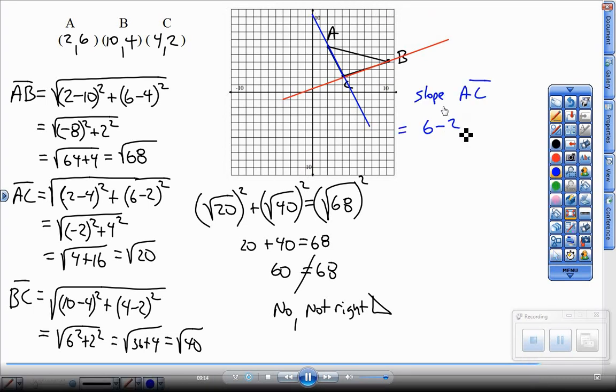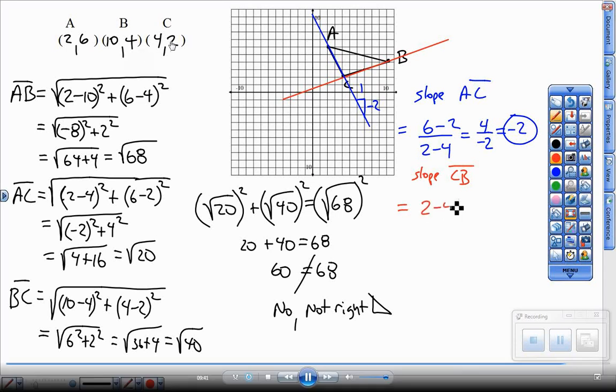If I do the points between A and C, 6 minus 2, 2 minus 4, subtracting the y numbers up high, subtracting the x numbers, same pattern on the bottom, gives me 4 over negative 2, which is a negative 2 slope, which makes sense. This red line though, the slope of CB or BC, whatever way you want to go, let's see what I do here.